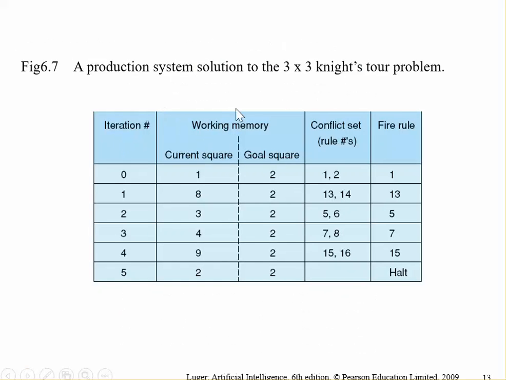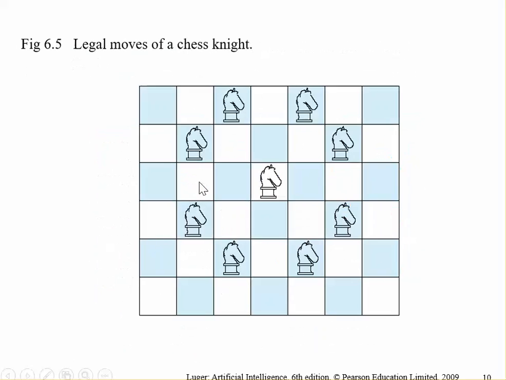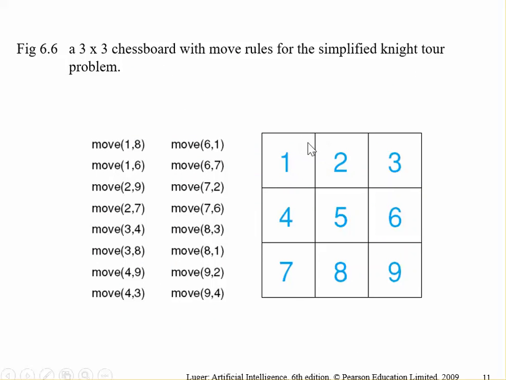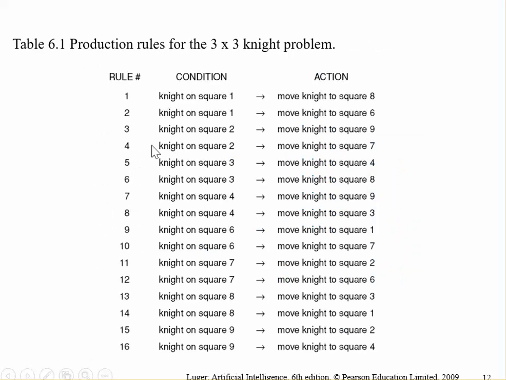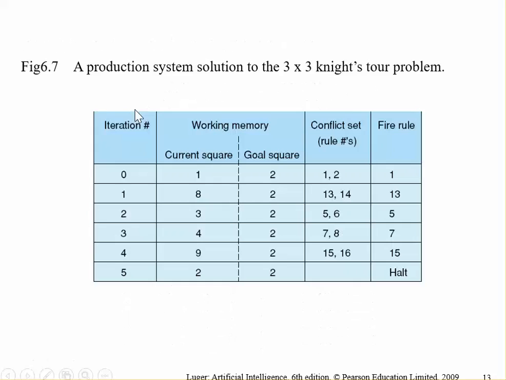So we can add to our program that if the goal is in the working memory, then we stop. Here, we're on 1. That's the current state. What to do? I've got two options, either 8 or 6, right? These are the only two rules that match the condition, because nothing else talks about 1. So I have rules 1 and 2 in my conflict set.